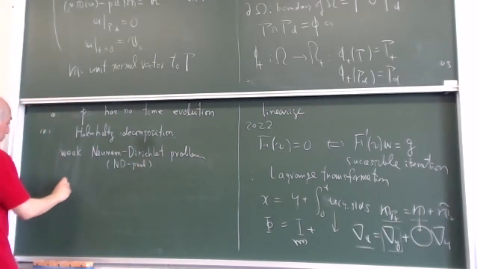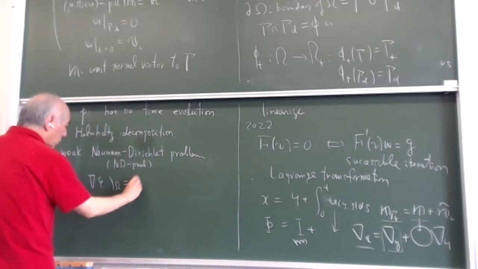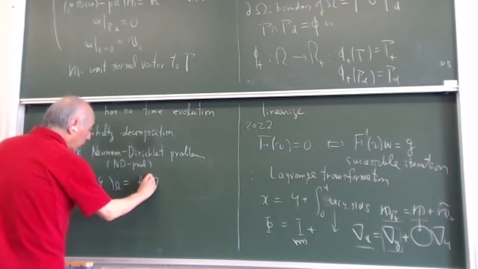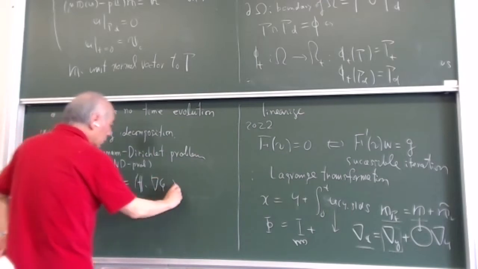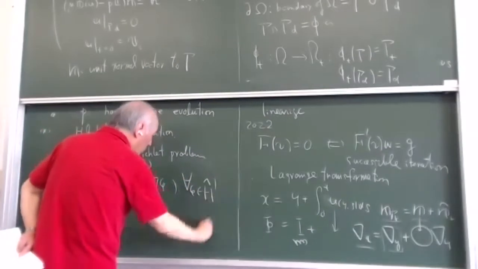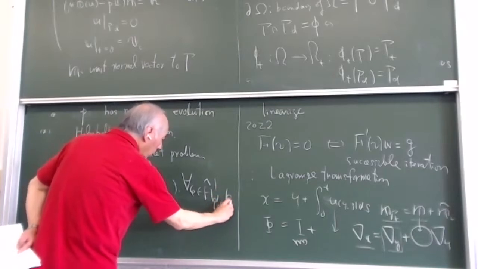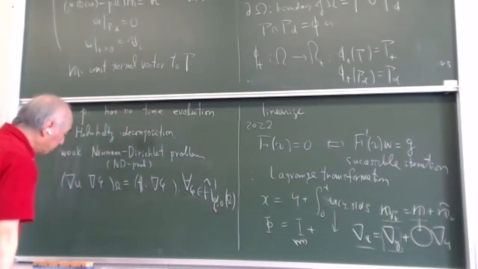It's the following: the inner product of nabla u and nabla phi in Omega is equal to the inner product of f and nabla phi, for any phi in the space. Now I explain this space.